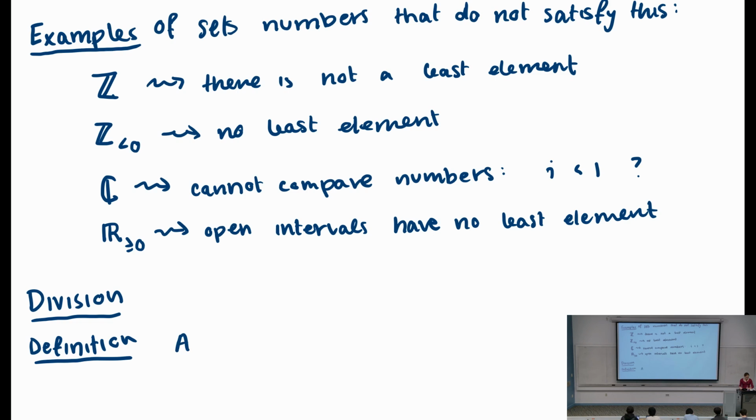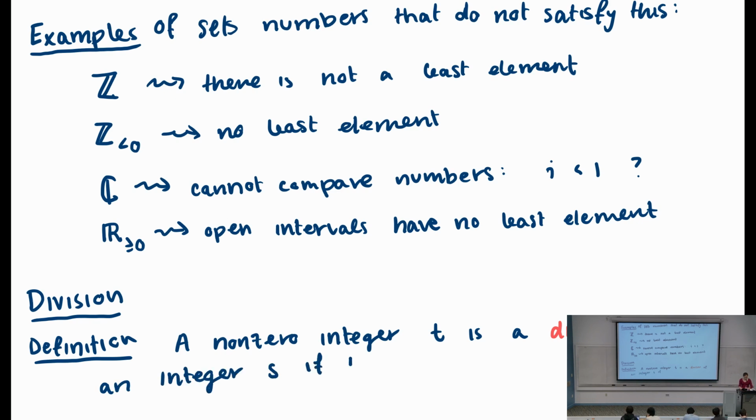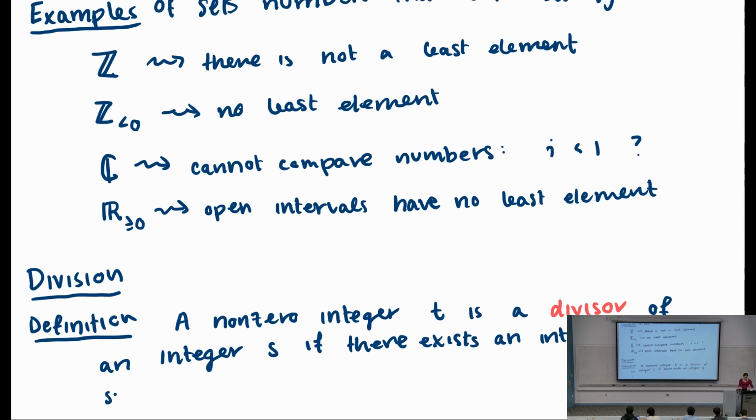We'll say a non-zero integer t is a divisor of an integer s if there exists an integer u such that s is equal to t times u.